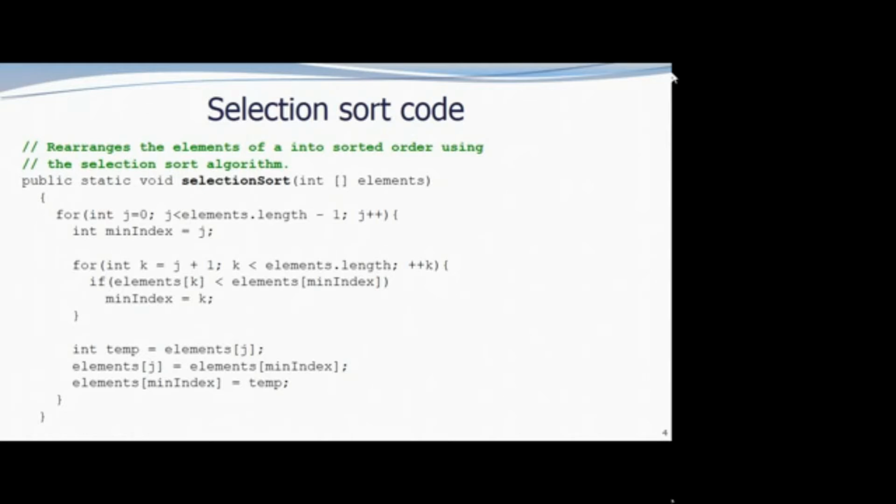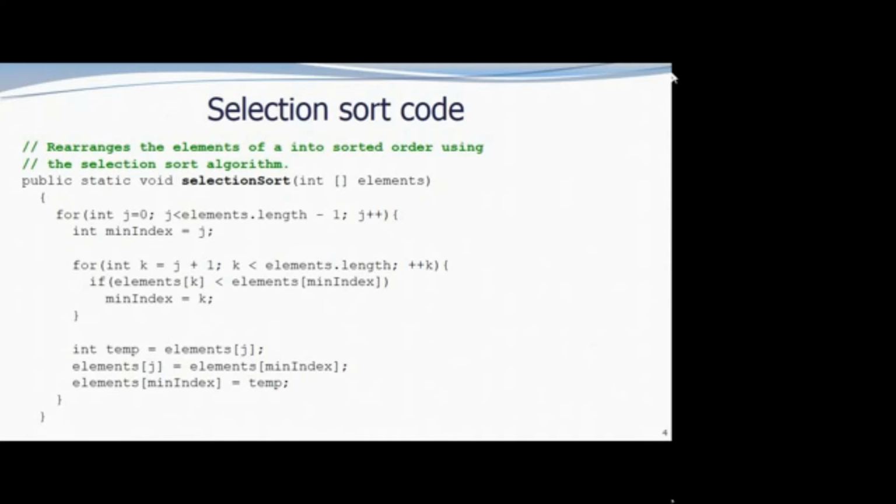Then I start with k going to the next one, so k equals 1, so long as k is less than the length of the list. If the element at k is less than the element at my current min index, which is 0, min index changes to k. And then k equals 2. If the element at 2 is less than the element at min index, whatever that might be, 0 or 1, change min index to 2.